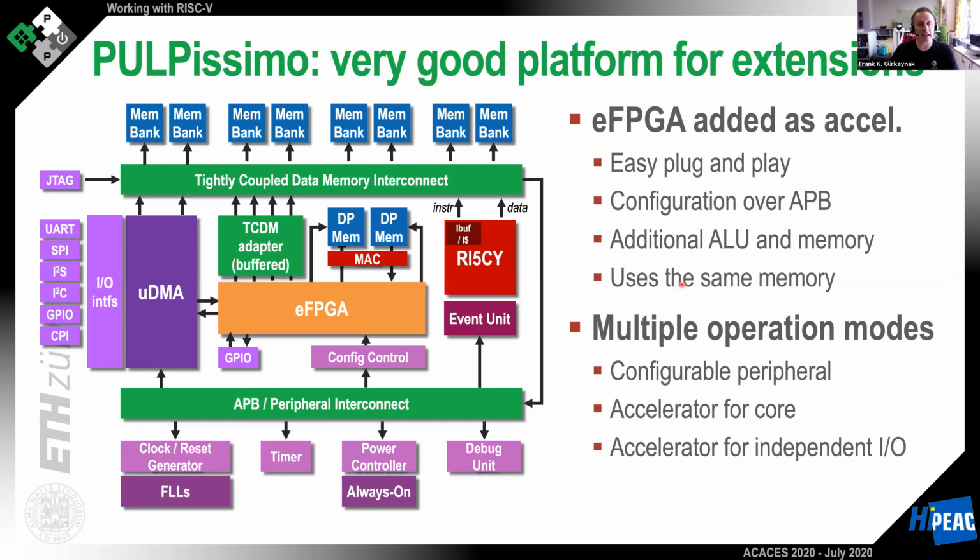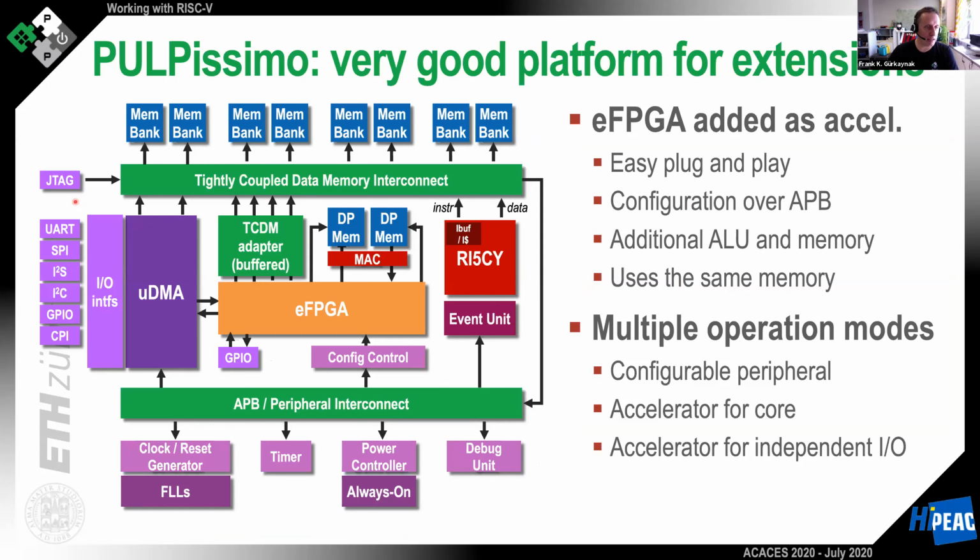If you look inside, this is now the Pulpissimo system. You will realize a lot of the similar things that Luca was describing earlier. We have the tightly coupled data memory interconnect. There is one core, it's not a cluster, there are not multiple processors there. It has a peripheral interconnect to do configuration and other things.